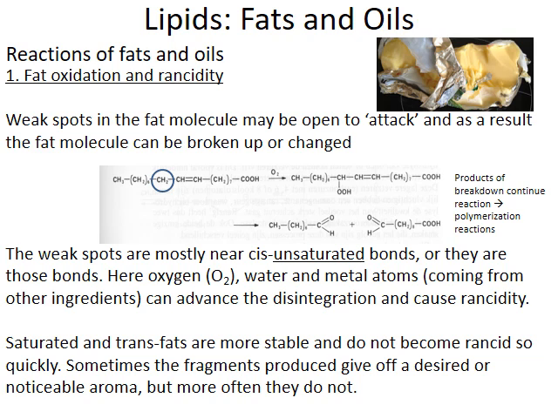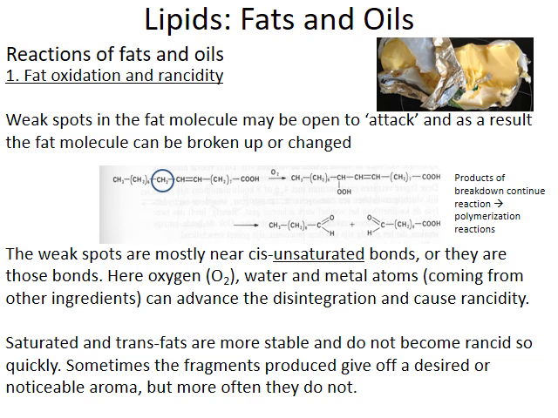Fats and oils show some specific reactions. There are 4, and the first of these reactions that occur with fats and oils is fat or oil oxidation, and that's causing rancidity of the fat or the oil.